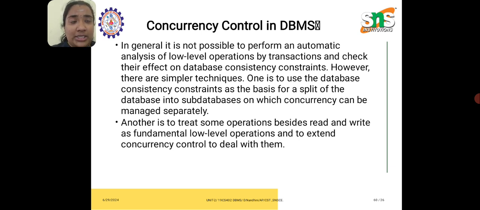Consistency constraints are used here because if the data is split up, the sub-databases or concurrency can be managed separately in many lower-level operations. Concurrency can be managed separately because some operations besides the read and write fundamentals of low-level operations have been used to extend the concurrency control to deal with them.